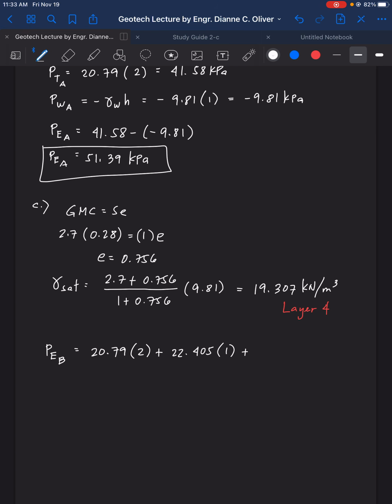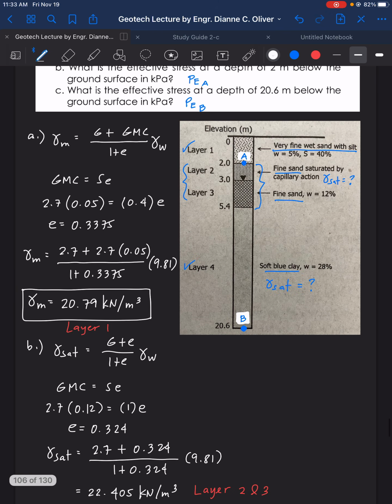And then the gamma sat, same soil type, but this time submerged in water: 22.405 minus gamma of water, 9.81, times, what's the height here?